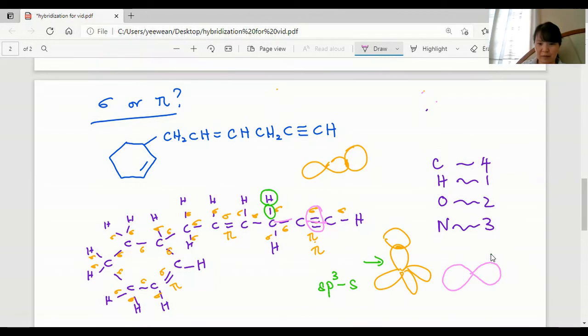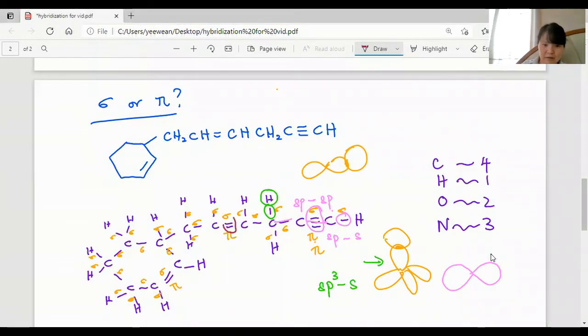It looks like a huge dumbbell because it's a hybrid between the s and the p. So the carbon sp and the other carbon sp, so this overlap is sp to sp. What about this carbon to this hydrogen? The overlap is from sp to the s orbital from the hydrogen. So sp with s.